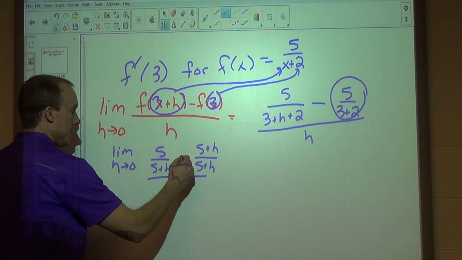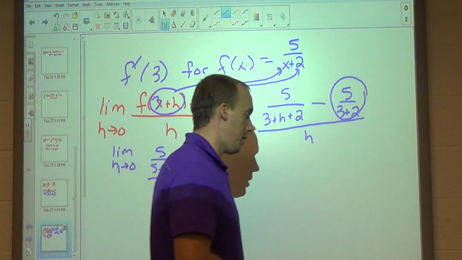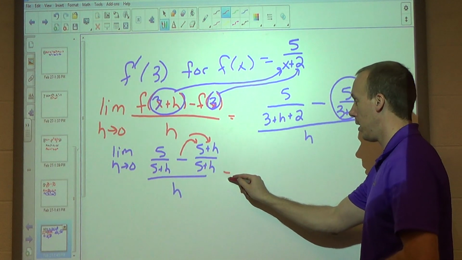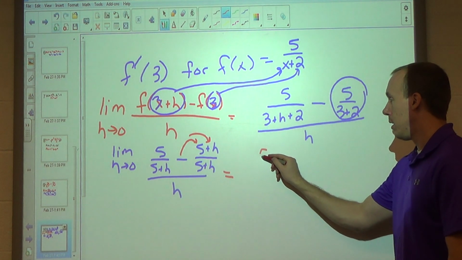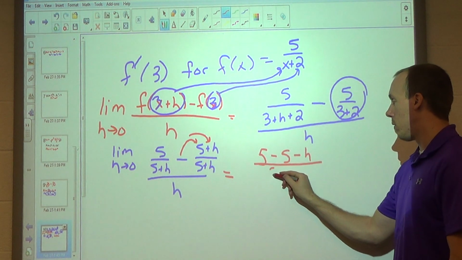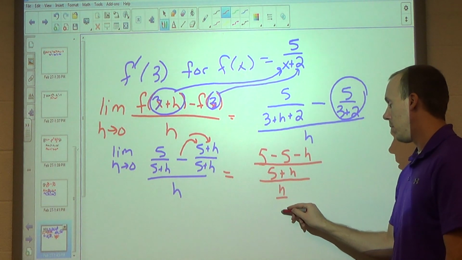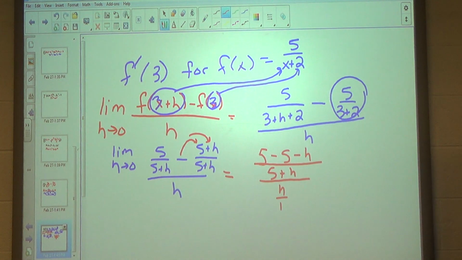The thing I have to remember though is this negative goes to the negative 5 and to that h. So 5 minus h over 5 plus h, and then we have h over 1.